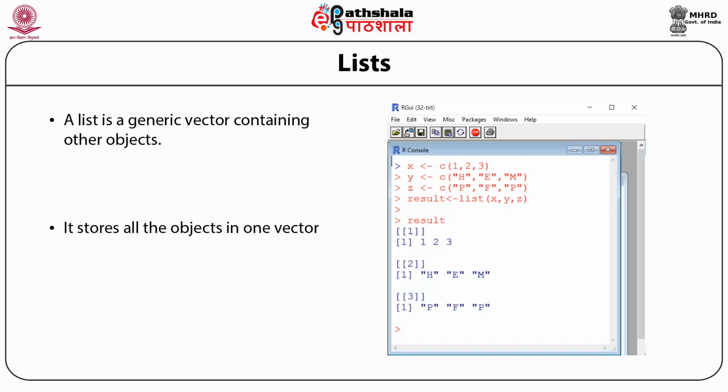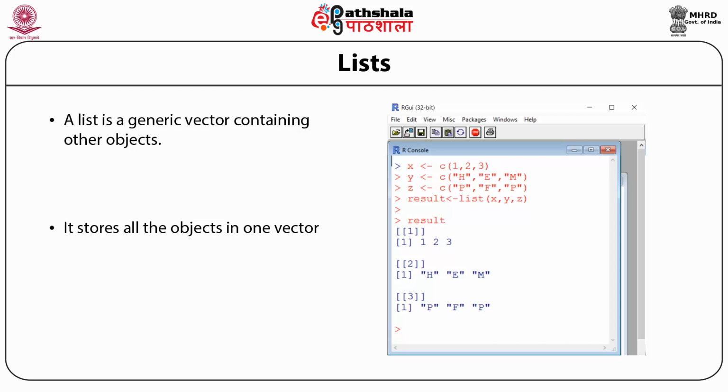Suppose we want to combine all these three objects in one list. We write result, a new object that will store all three vectors. So we write result equal to list, in brackets, x, y, z.